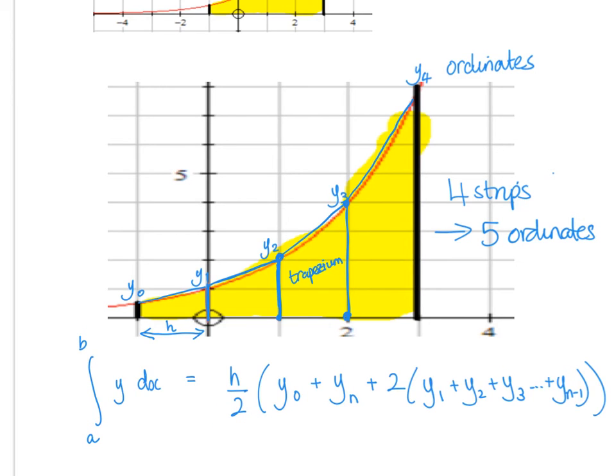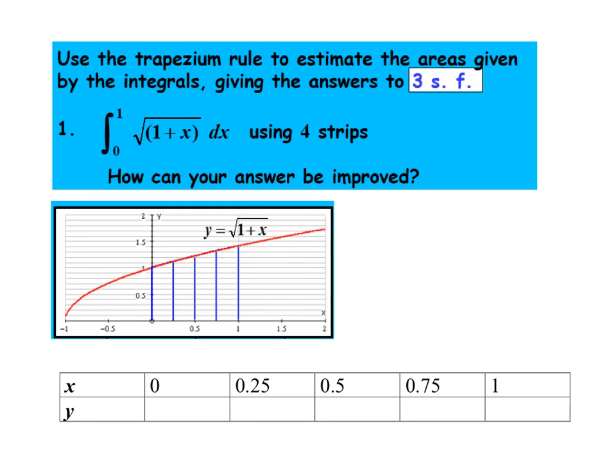So let's apply it. We can use the trapezium rule to estimate the areas given by the integrals, giving our answers to 3 significant figures. So the curve that we've got, we're going to use 4 strips. So as you can see, we're going to get 5 ordinates.